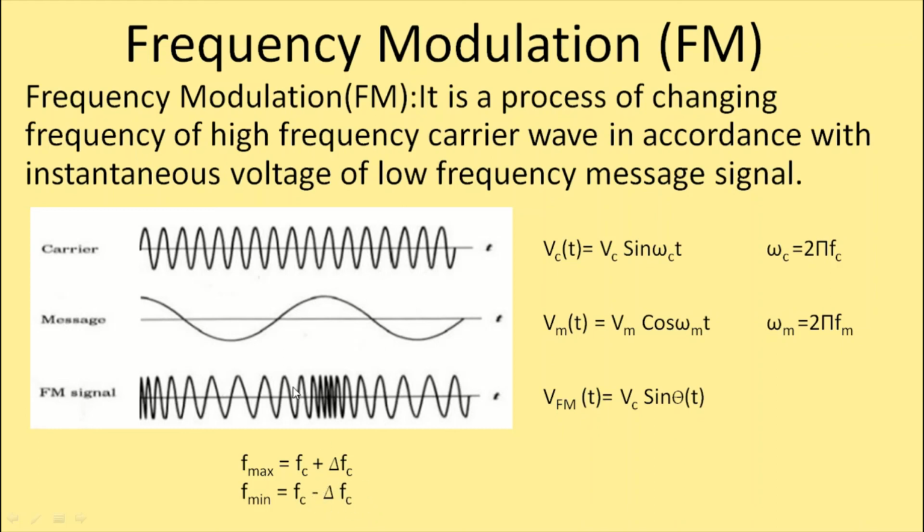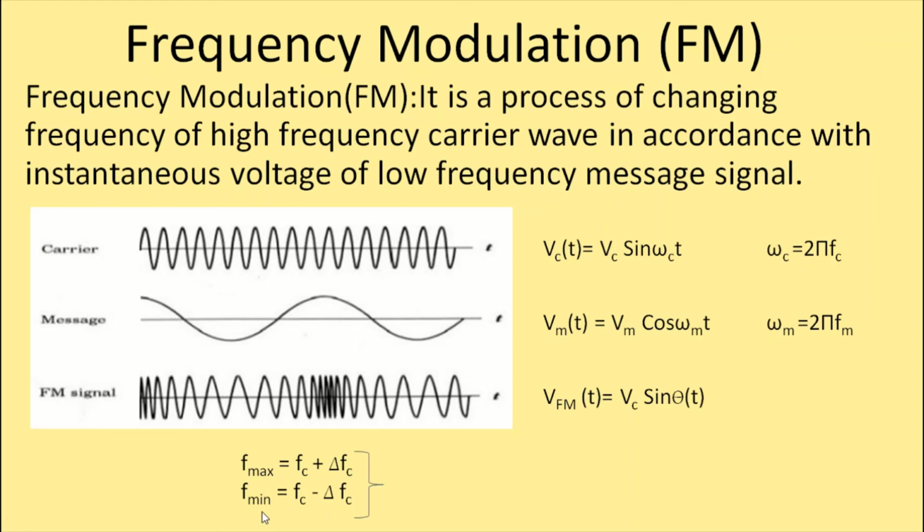Now, from this particular signal, we can make out that there is a maximum frequency which we have represented by Fmax and a minimum frequency which we have represented by Fmin. And the overall frequency modulated signal swings between these two values. That is, the frequency modulated signal swings between the Fmax value and the Fmin value.